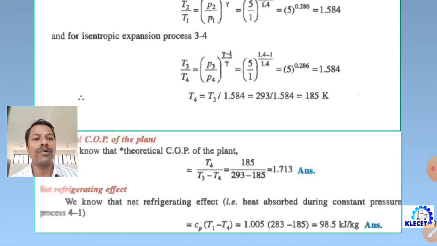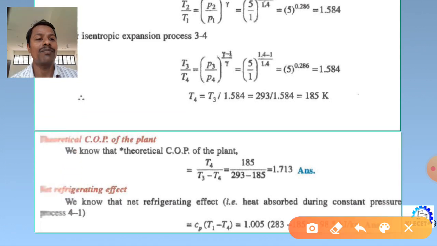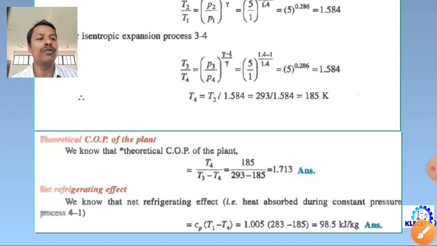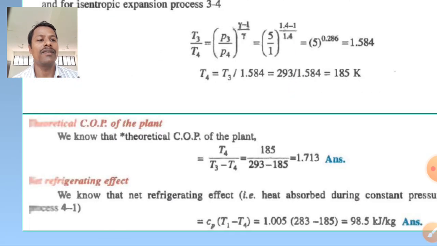And again we are supposed to calculate the refrigeration effect of this plant. So, that is Cp into T1 minus T4. We know for the refrigeration cycle it is H1 minus H4, the refrigeration effect.